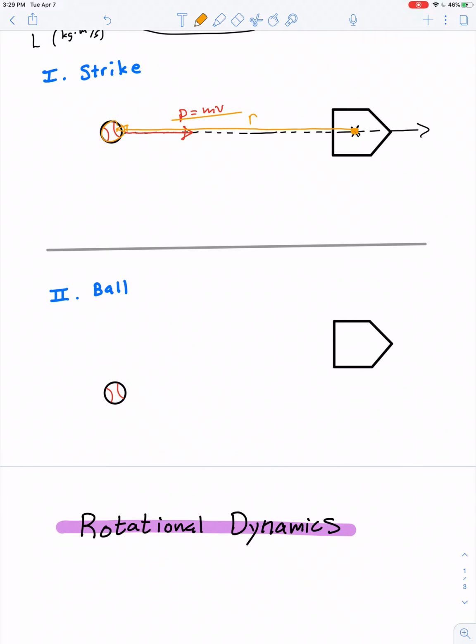Okay, well, yeah, there's a lever arm, but there's no cross product, right? The angle between these two is 180 degrees. The lever arm points directly to the left, the momentum points directly to the right, and so the angular momentum, the cross product between the lever arm and the linear momentum, is 0 in this case.